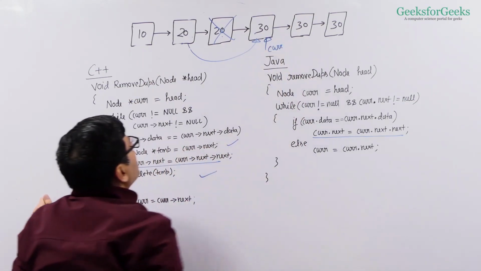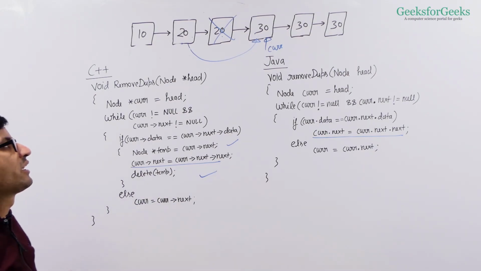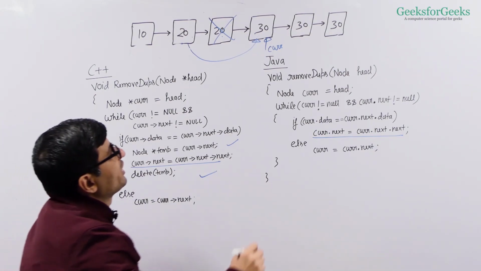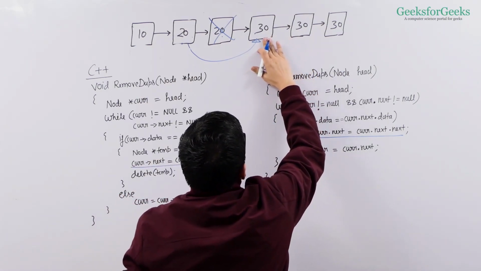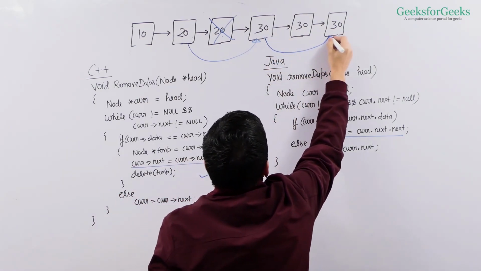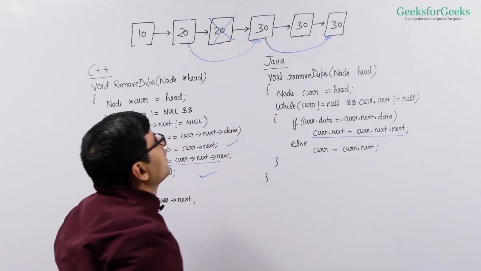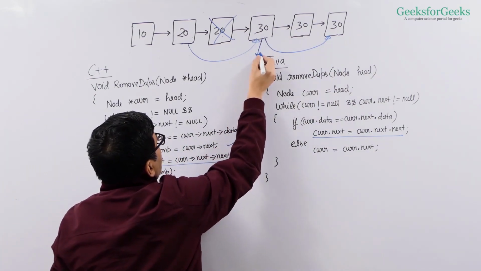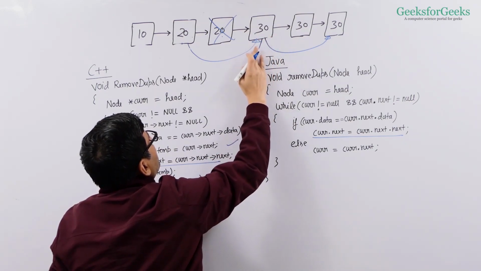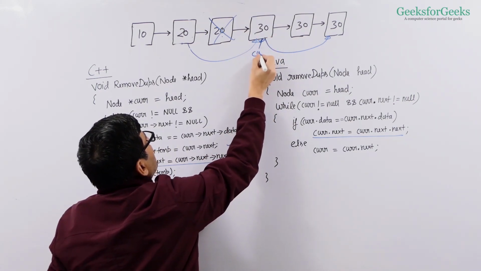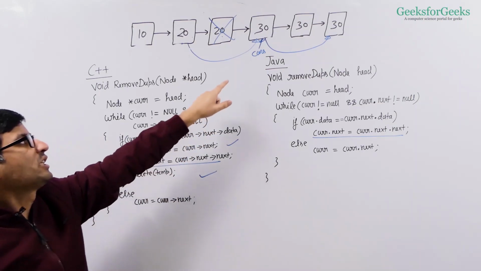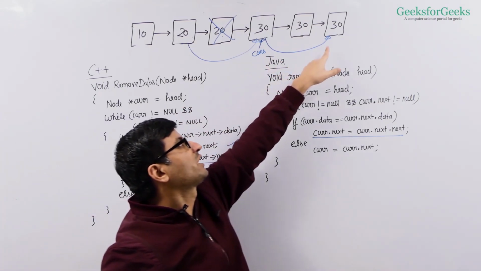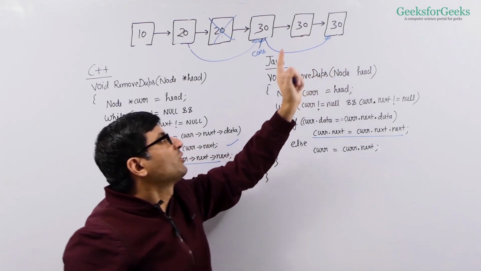Now when we move current here, we again compare current and current next data. They are same. So what are we going to do? We are going to remove this node from here and we are going to link this node with this node. Right? And once you link this node, your current still is here. We do not change current to current.next. And now you will understand why we are not changing, because now current data is matching with current next data again. So what are we going to do now?